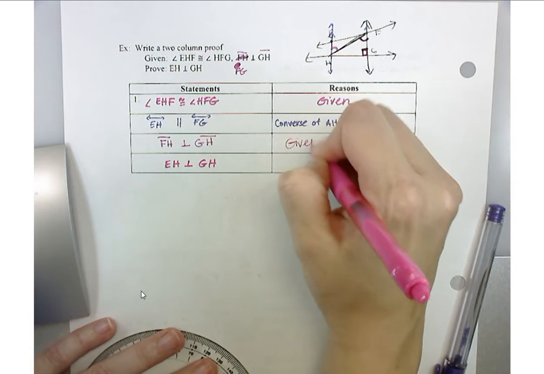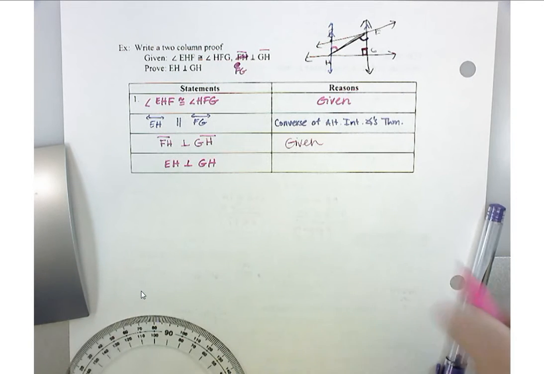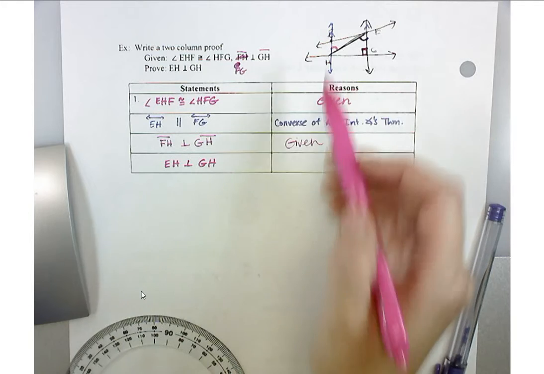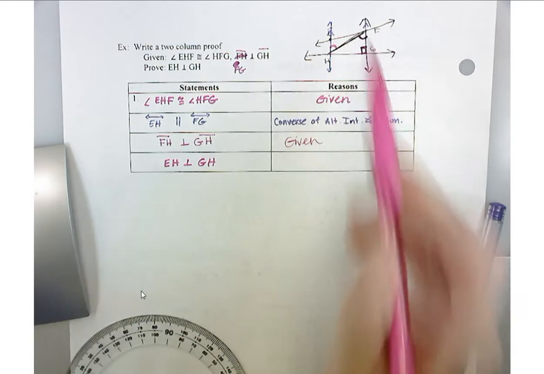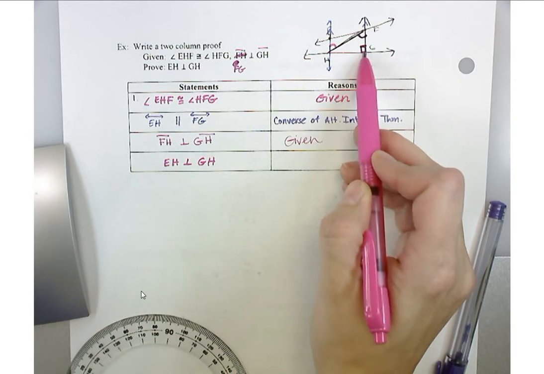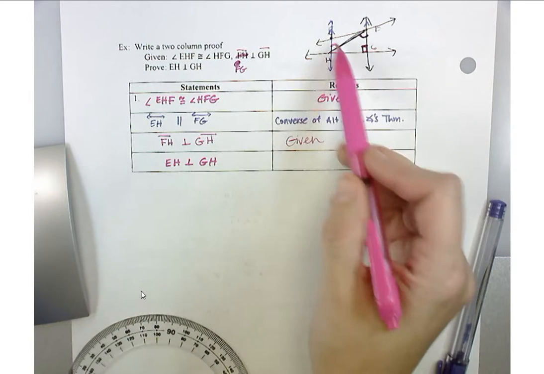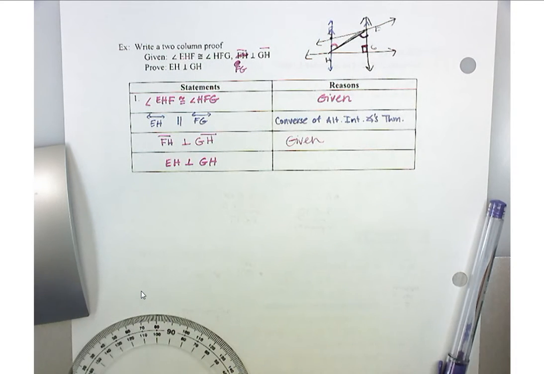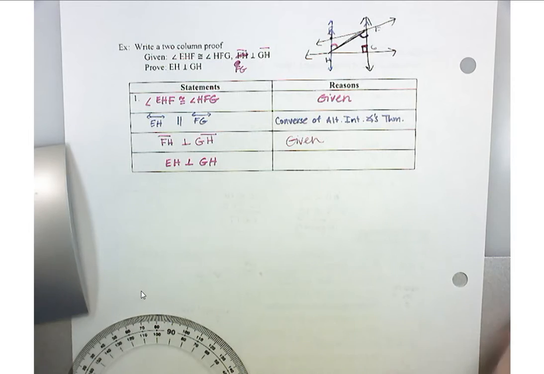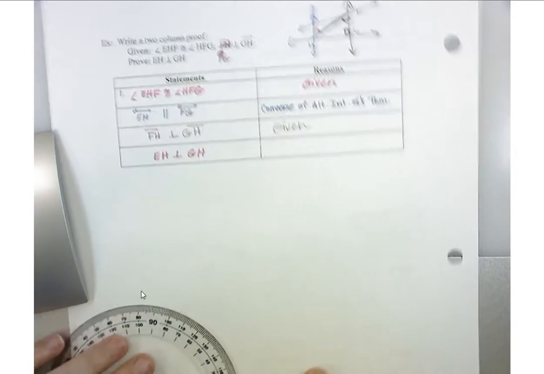So we're going to use one of our new theorems. So let's look at what we have. So we have parallel lines, and one of them is perpendicular. We're trying to prove that the other one is perpendicular. Yep, good. Your perpendicular transversal theorem.